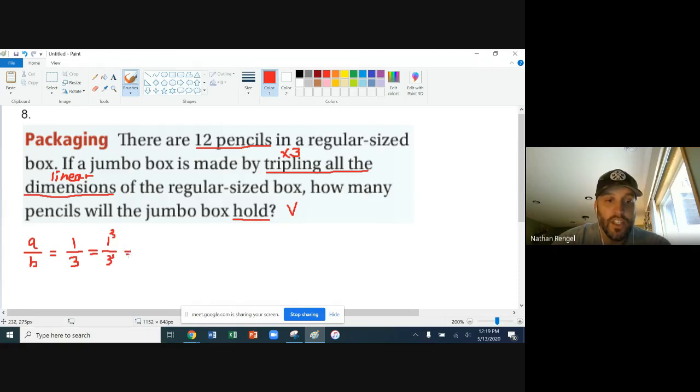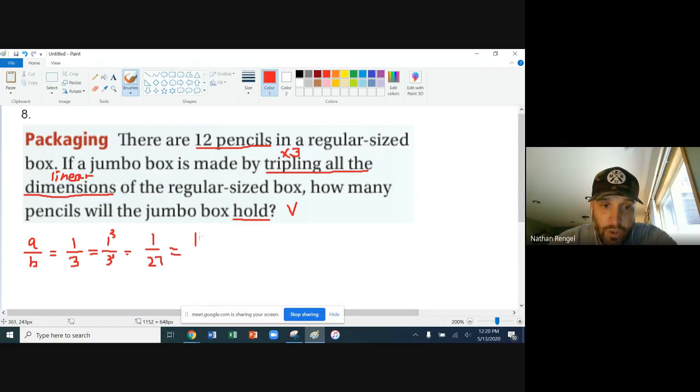And that's going to give us then 1 to 27. So by tripling the dimensions, you're actually making the volume 27 times larger. So each linear measurement, each length is tripled, width is tripled, height is tripled. That's going to make it 27 times larger, which means it can hold 27 times the number of pencils.